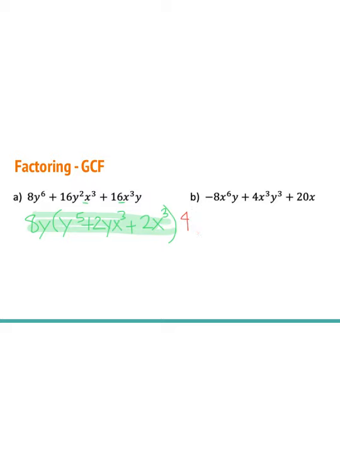And I can. I have an x in all of my terms, so I'm going to factor out that x as well. So I'm left with negative 2 x to the 5th y, plus the 4 divided by 4 gives me 1, so x to the 2nd y to the 3rd, plus 5. And again, we don't need to put the x because we factored that out.